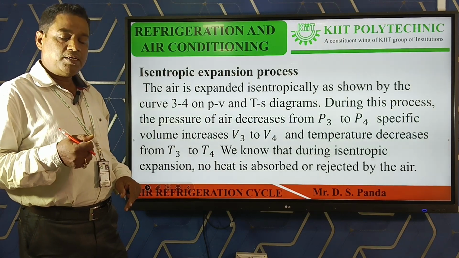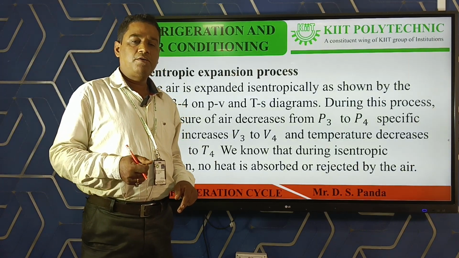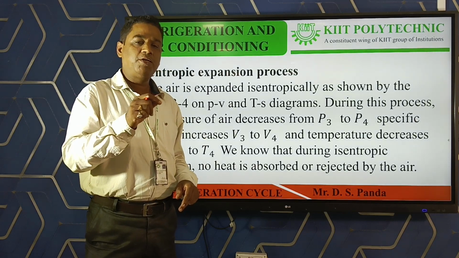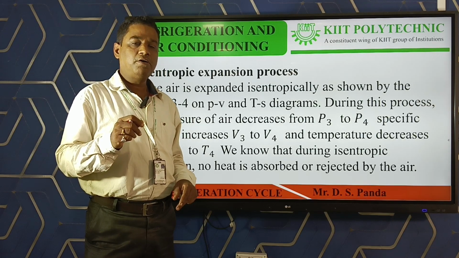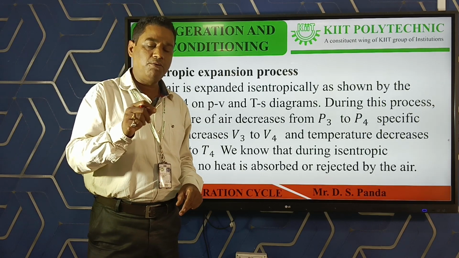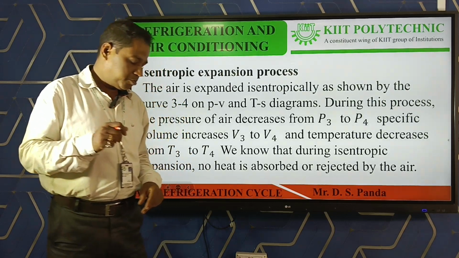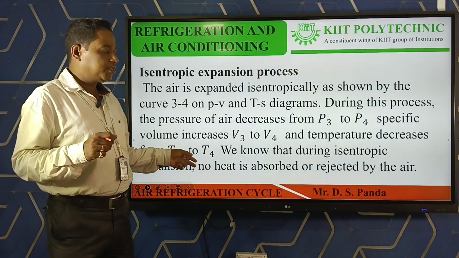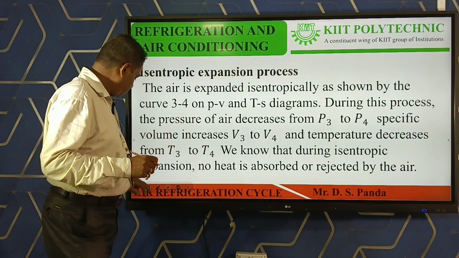In that case, the pressure decreases from P3 to P4, the temperature also decreases from T3 to T4, and the volume increases from V3 to V4. And as it is an isentropic process, there is no heat addition or rejection.